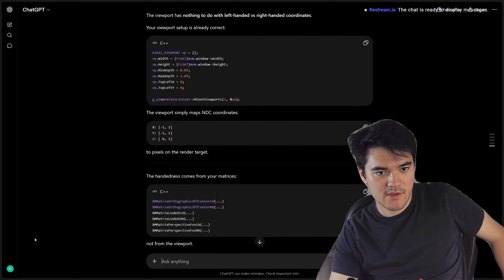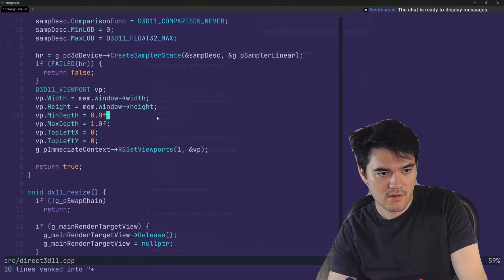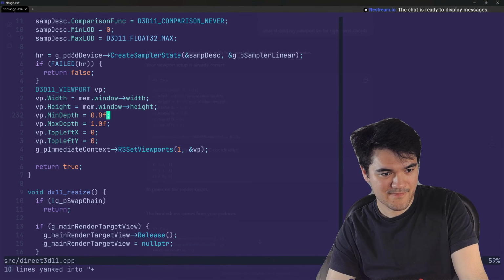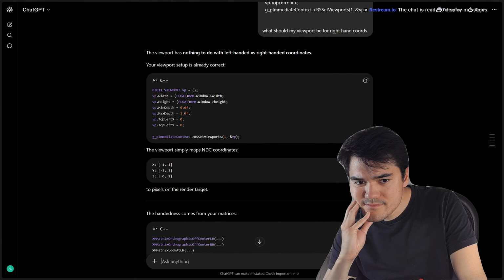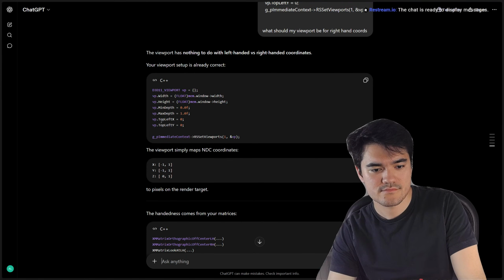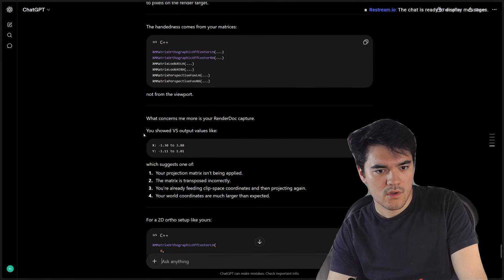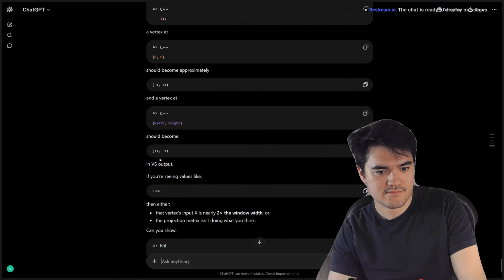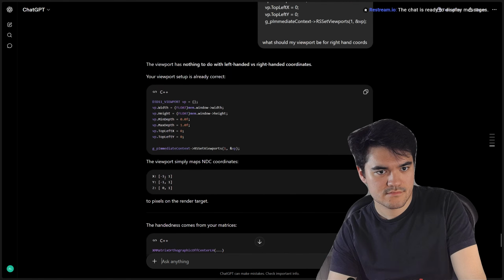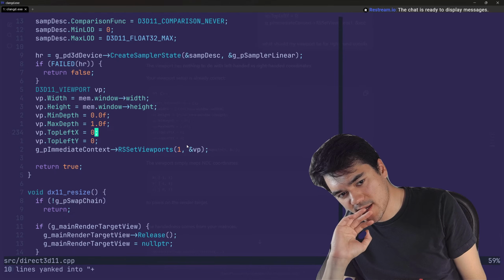Pixels on the render target. What genius made the Z one different? Obviously the genius is me, by the way. Nah, I don't care about that. Yeah, I think that's right.